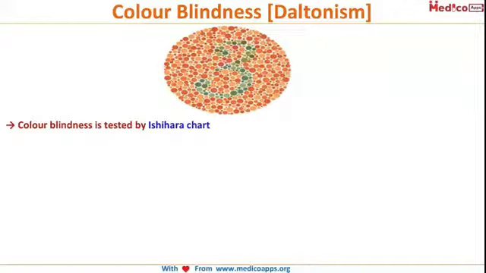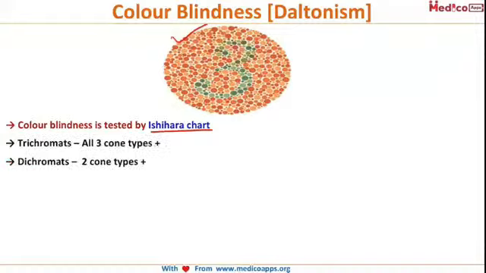So what we know is that color blindness is quantified with the help of Ishihara's chart. This image is an example of what kind of plates are present in the Ishihara's chart. You are going to ask the patient what he is looking at. Now, depending on the number of colors that a person can see, a normal person we call a trichromat, where all 3 types of cones are functioning normally.